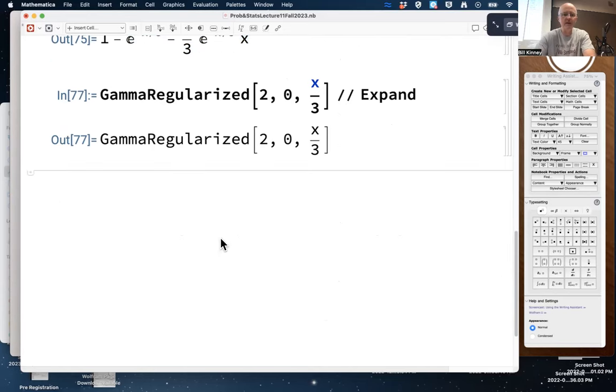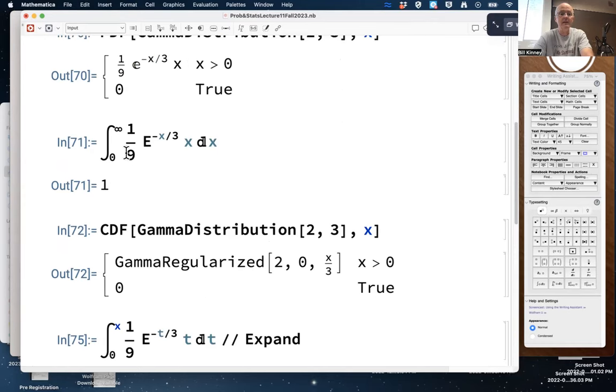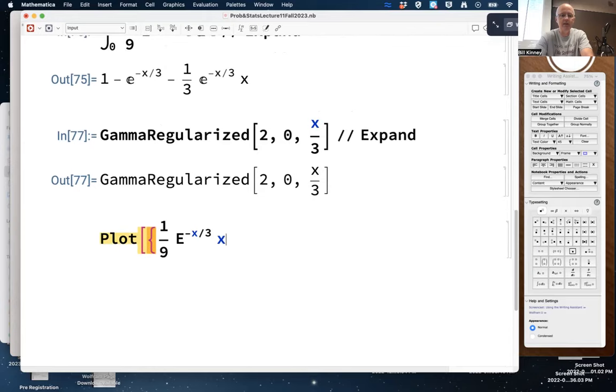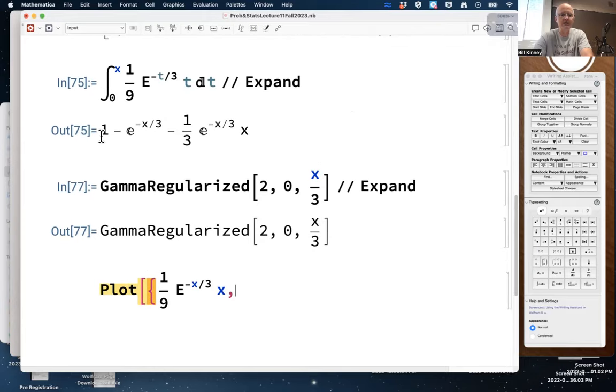But if we plot both of these functions, well, let's plot a bunch of things here. Let's plot this function, the PDF. Let's plot this function. What I'm thinking by the integral is the CDF. And let's plot this gamma regularized as well.